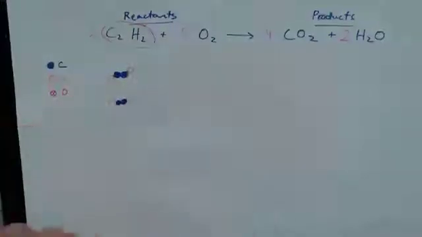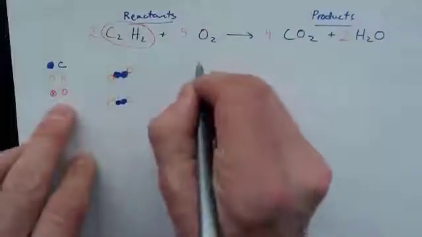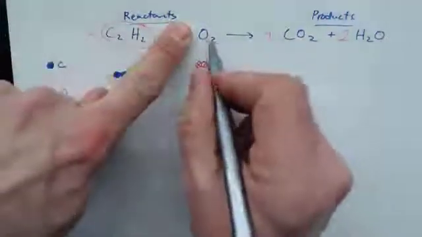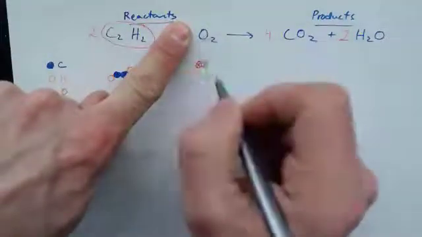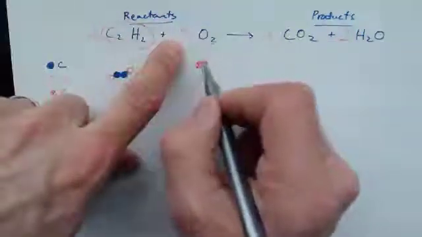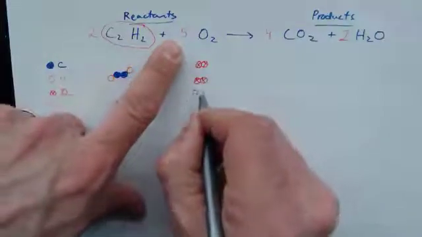I'm going to do this with this and carry on. So that is O2 touching, because I cover the coefficient, that is O2, one molecule. Then I uncover it and I say, oh, I have 5 of these. So I redraw it 5 times.